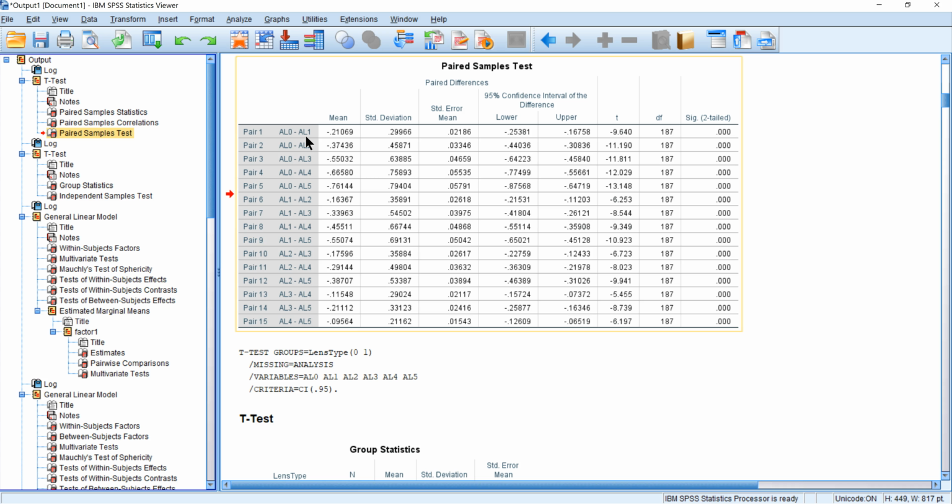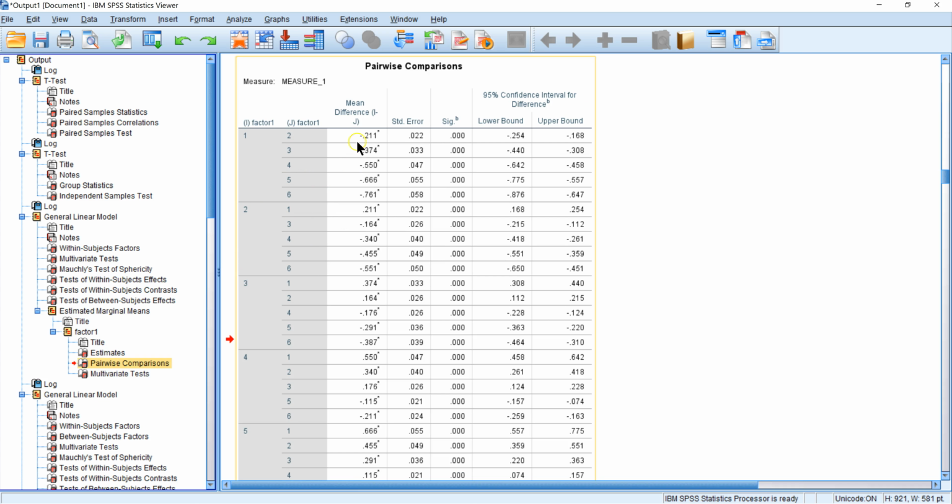So in the case of SPSS, let's look at our standard error, which is for AL0 versus 1, AL0 versus AL2. It's 0.02, 0.03. Let's see what it is in our paired comparisons in the one-way general linear model. 0.0218, 0.0334, 0.022, 0.0228, 0.033.